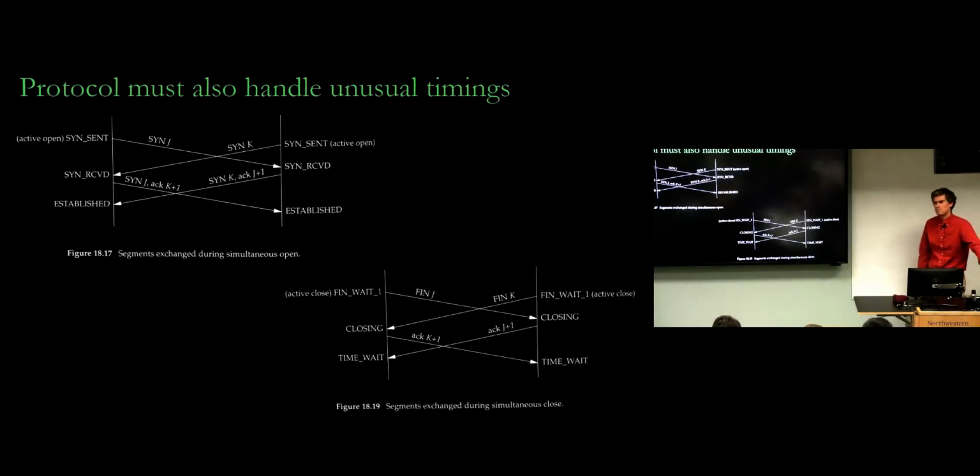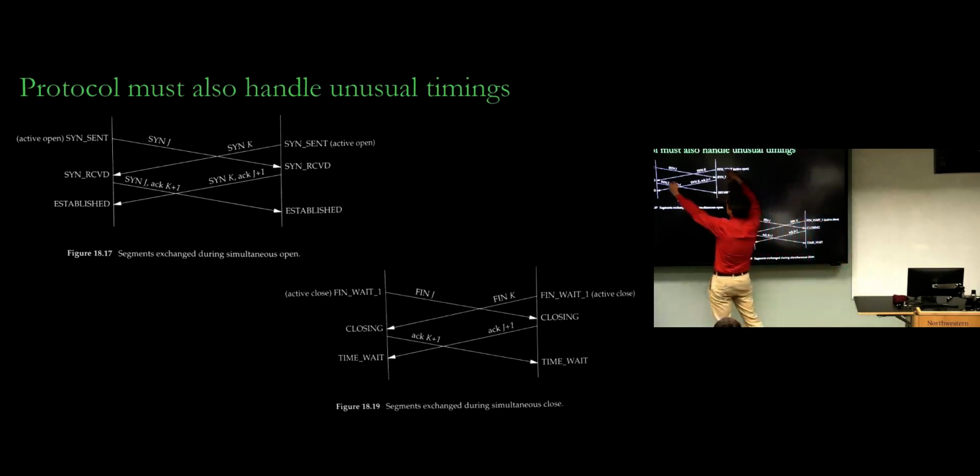All right, this isn't maybe too important, but the protocol has to handle unusual timings of these packets being sent and received. Here's an example where 2 machines try to open a connection at the exact same time. So SYNs are sent at the same time, and there are rules for dealing with that.